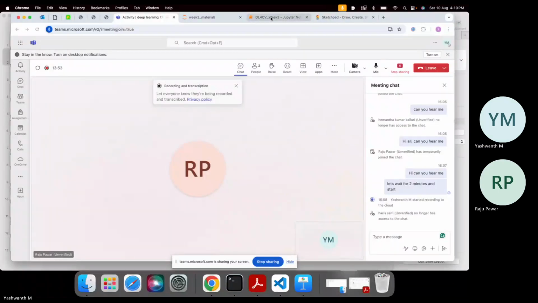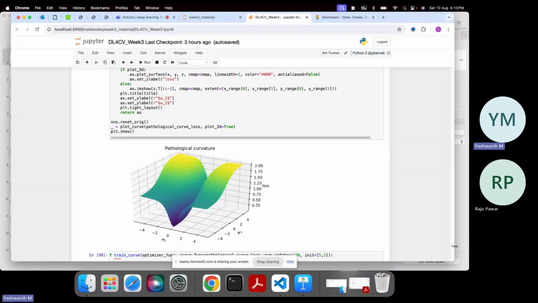Okay, so let's start. Let me share my screen and let me know once you can see. You can see the screen, right?